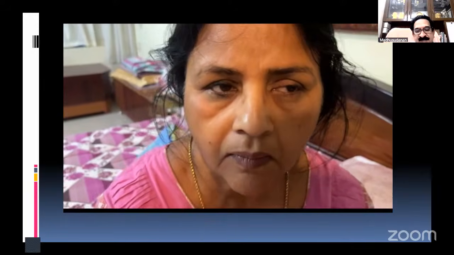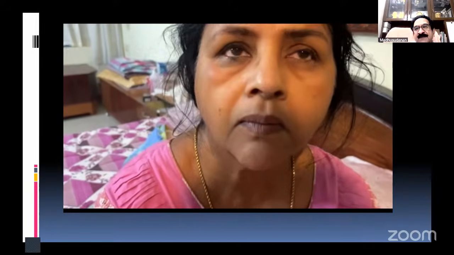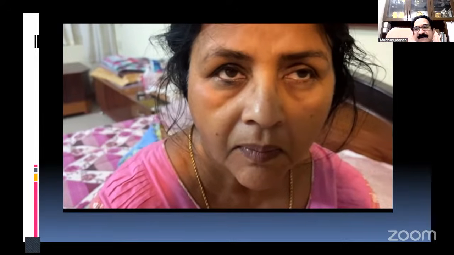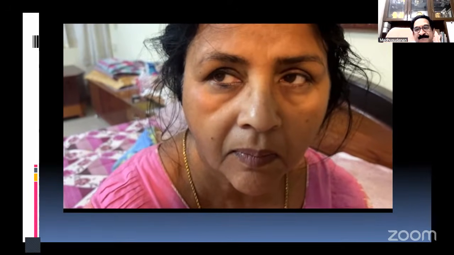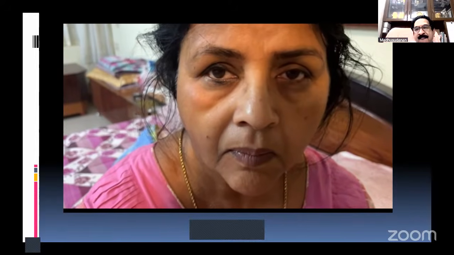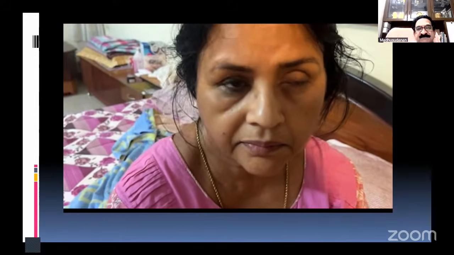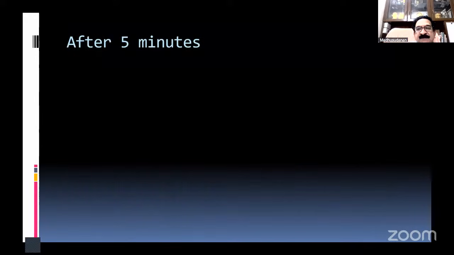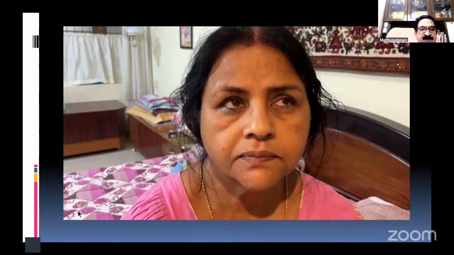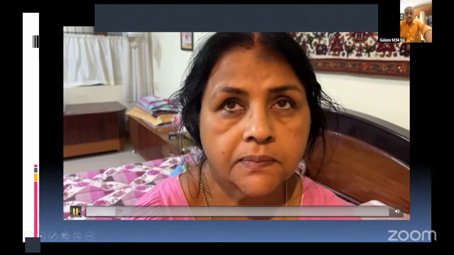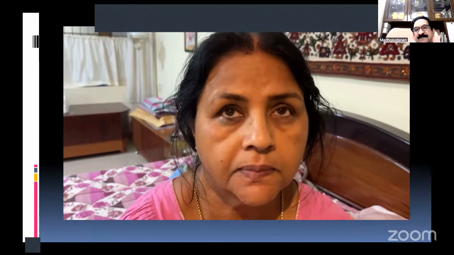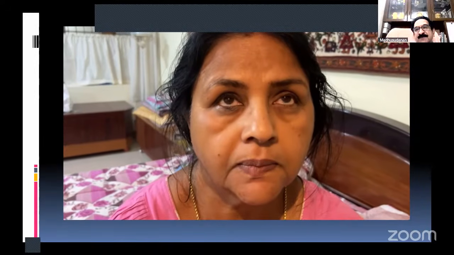This is the ptosis, and after 5 minutes, this ptosis has not totally improved, but is much better than before. And the facial elevation also improved.